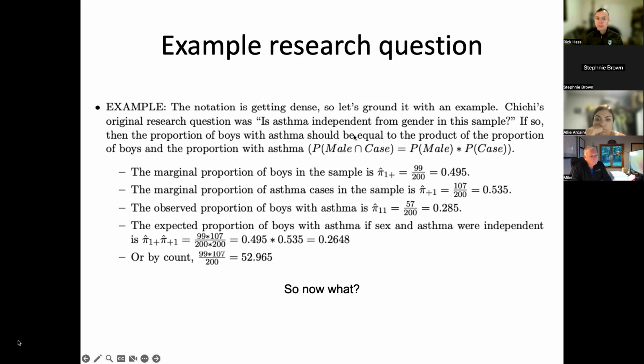To answer the question, is asthma independent from gender in this sample? And we will see that in a little bit, once we get there, figure out what we test and how we communicate it, that this becomes our null hypothesis for our chi-square test, right? Is variable X independent from variable Y, or vice versa?